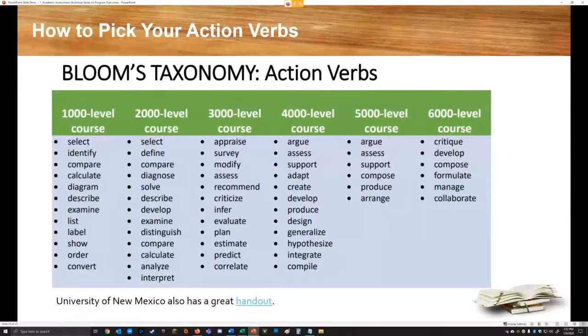There was a course on the business side where the very first discussion board was about arguing and comparing. And how do you do that when you don't even know the actual information? You haven't identified or described something yet to them. How can they argue or compare something on day one of a 100 level course?